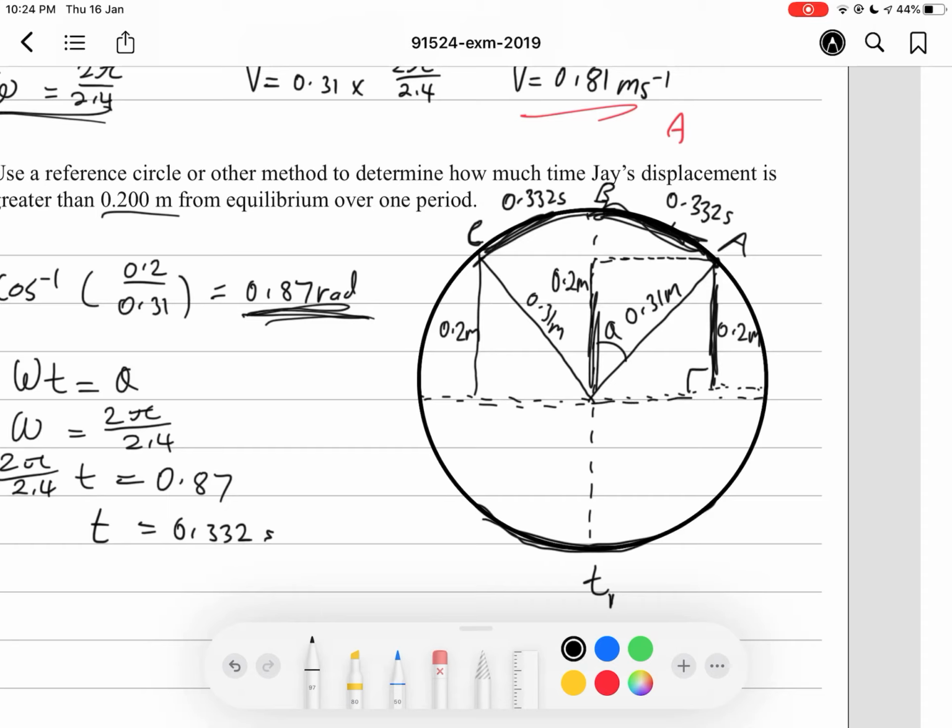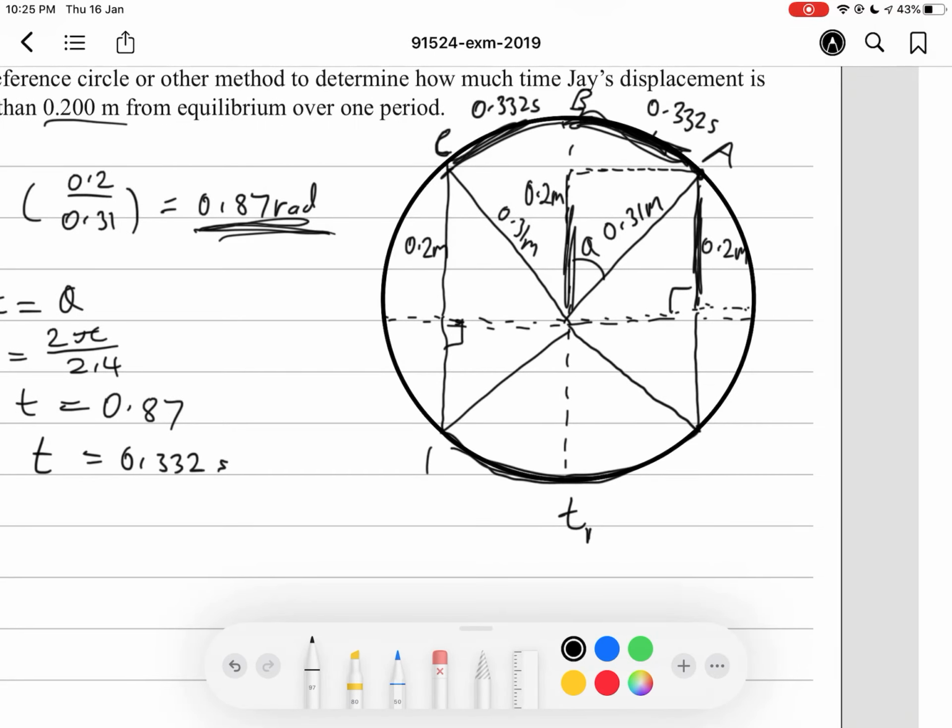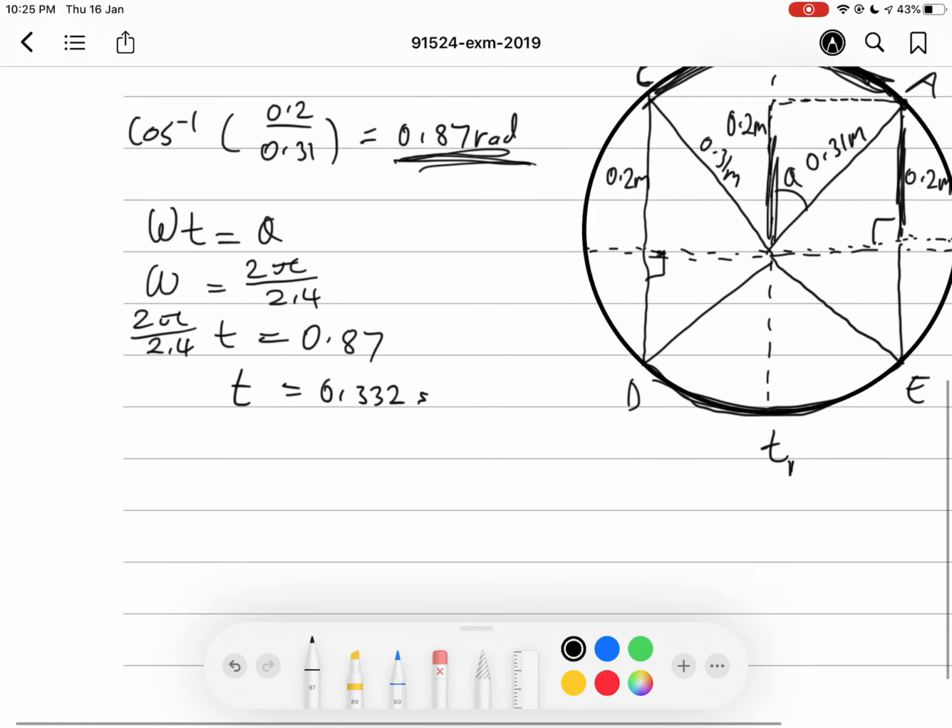This horizontal dotted line is our equilibrium, and this sector of the circle is always going to be above 0.2 meters before it drops back down, and then it's going to have the exact same triangle here. Let's say this is point D to point E, the displacement is also going to be above 0.2 meters, and that's the exact same as point A to point C because the circle is symmetrical.